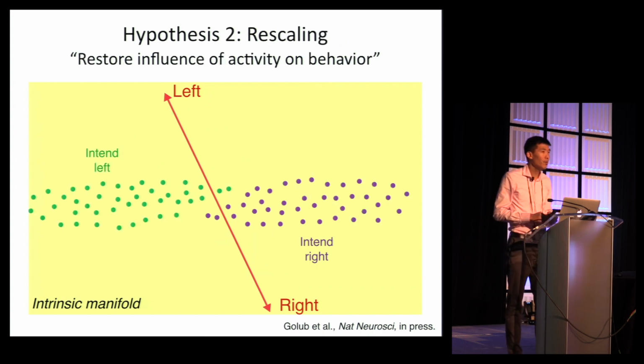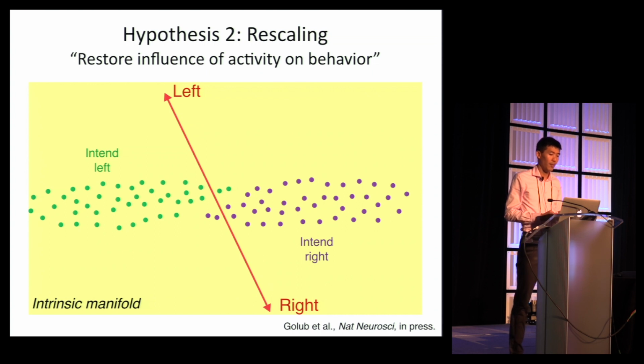Hypothesis 2 is called rescaling. Rescaling tries to restore the influence of activity on behavior. What I mean by this is under the intuitive mapping, the neural activity along the horizontal axis here has a large influence on behavior because the intuitive mapping was horizontal. Now, after the mapping switch, movement horizontally no longer has a large influence on cursor movements.